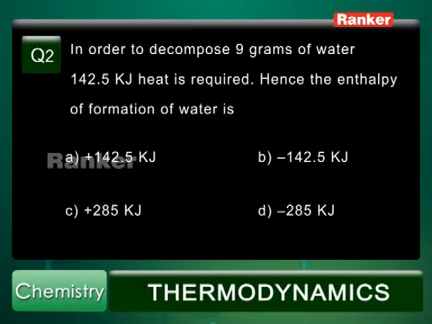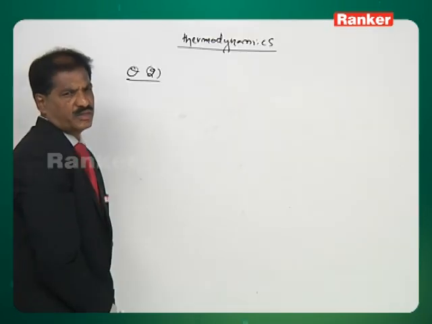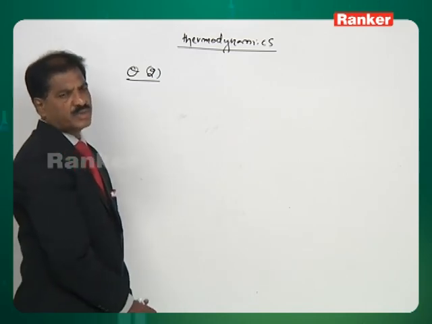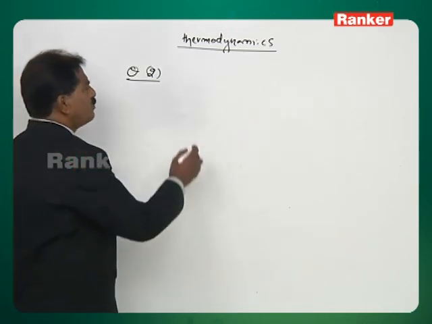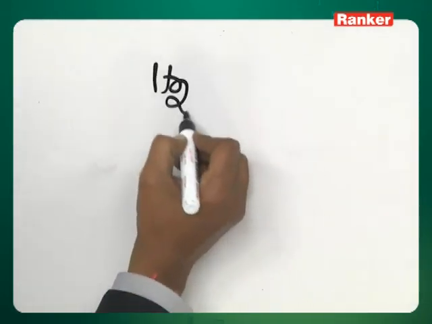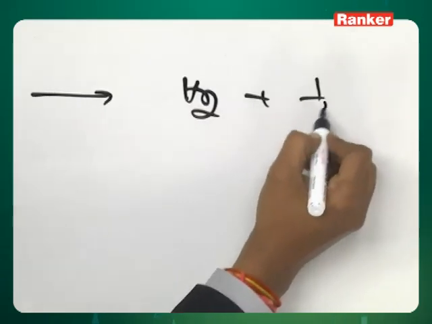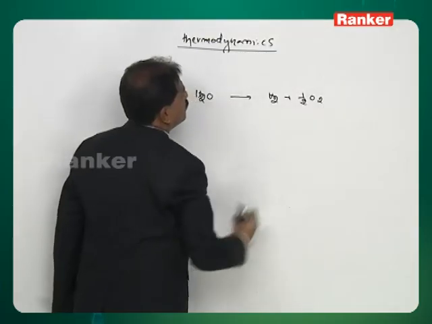Question number 2. In order to decompose 9 grams of water, 142.5 kilojoules of heat is required. Hence, the enthalpy of formation of water is? In the problem, they have given the amount of heat required to decompose 9 grams of water. Therefore, let us represent the decomposition reaction of water. This is the decomposition reaction of water.